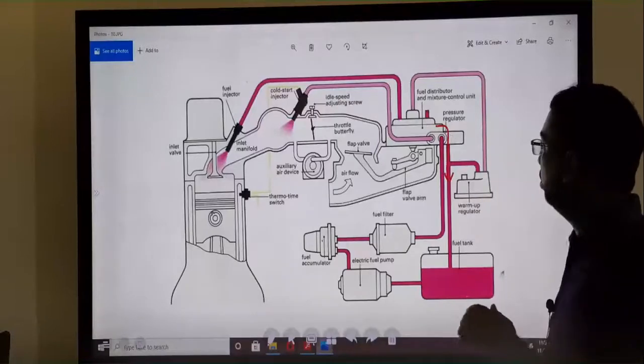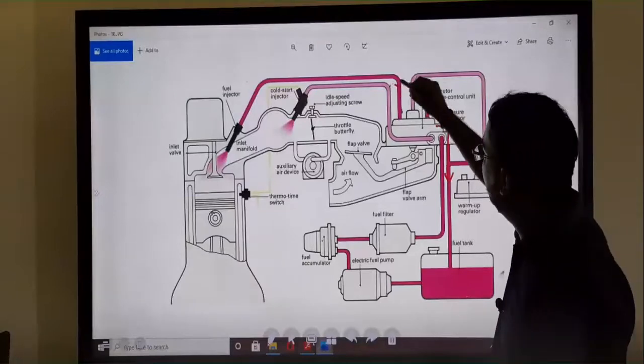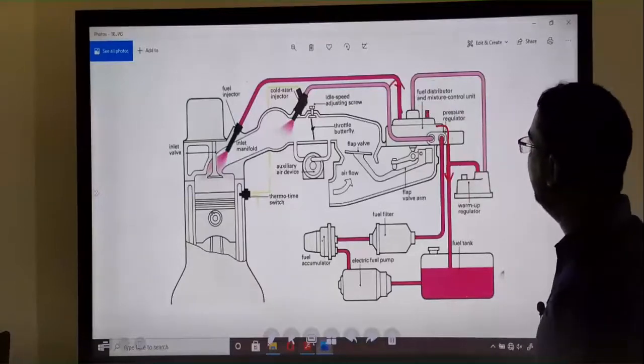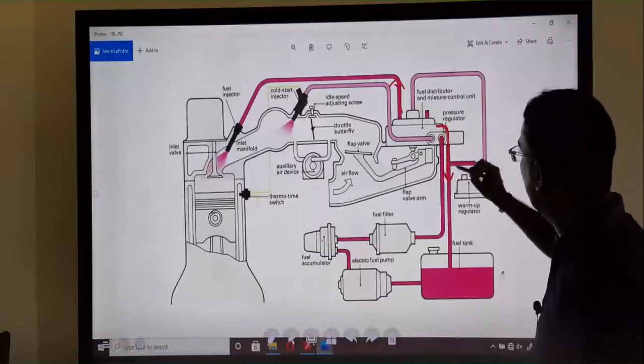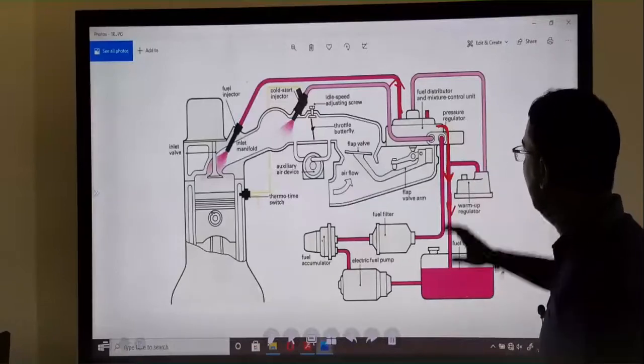So the fuel is supplied like this. The extra fuel is controlled and sent to this return line.